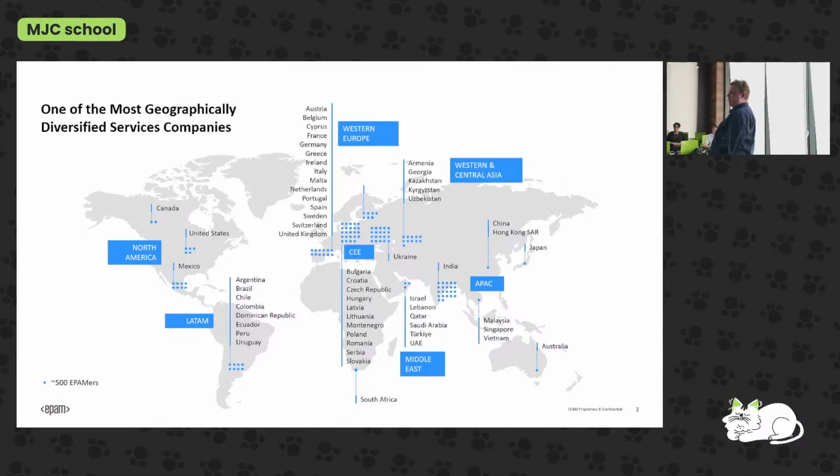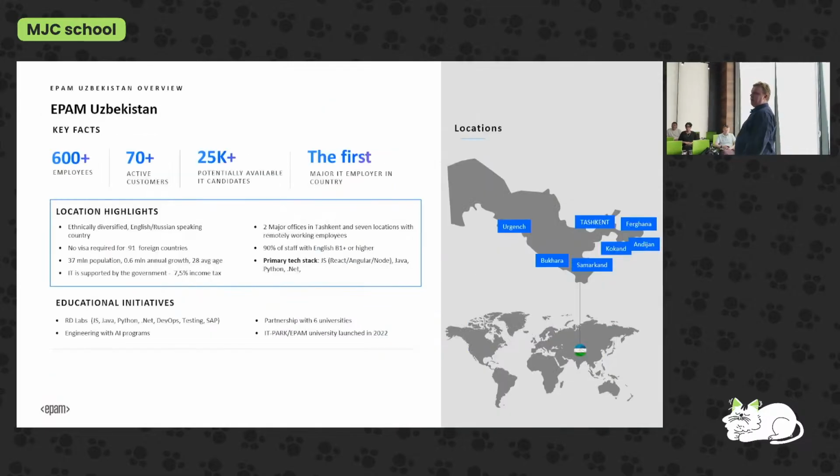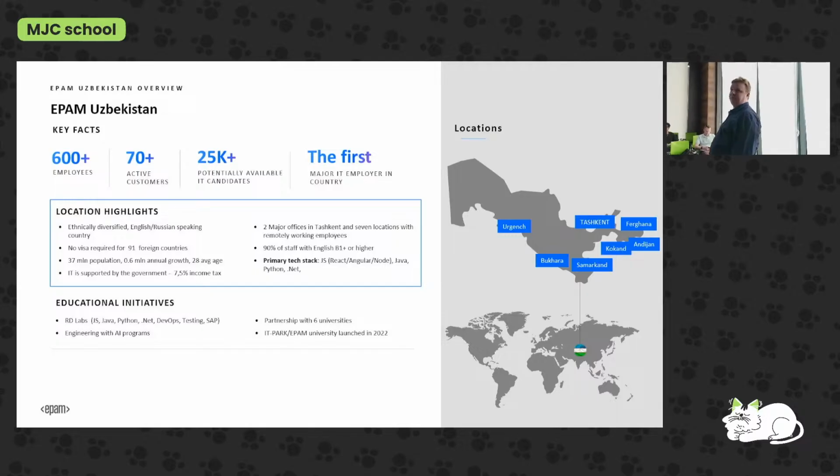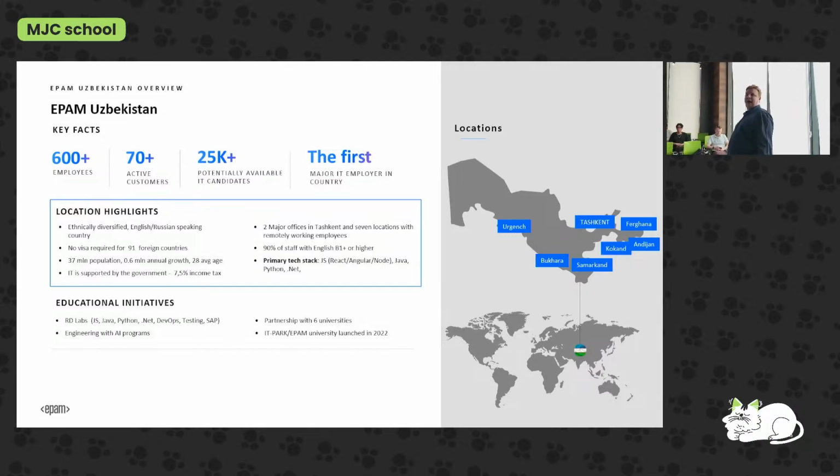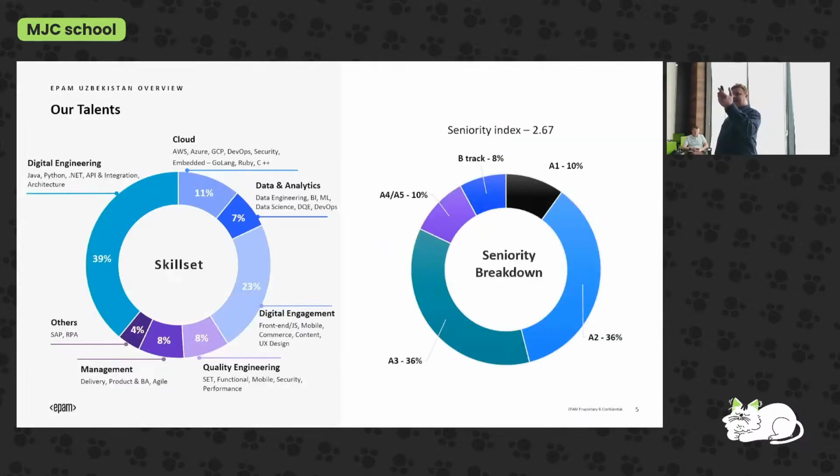But let's speak about EPAM Uzbekistan. EPAM Uzbekistan is more than 600 employees. And after the client was created, I already hired employees in Nukus, and I can say we are all over Uzbekistan. But let's talk about seniority.